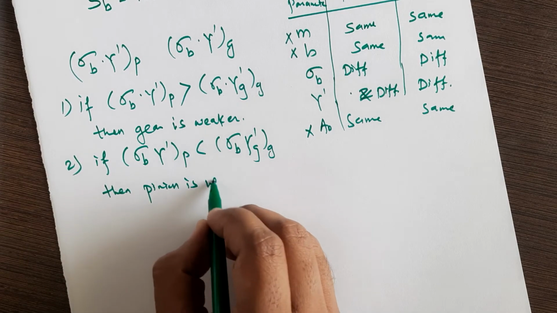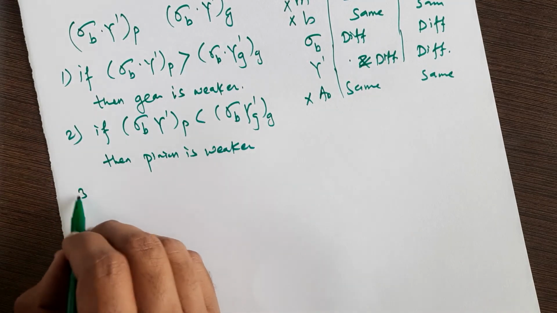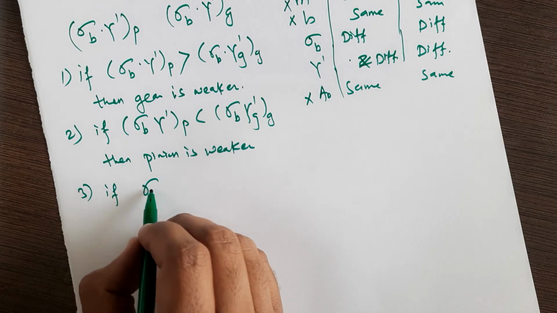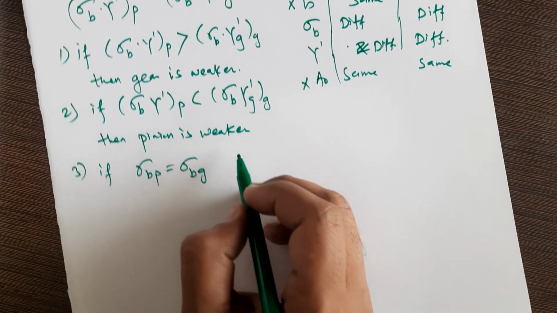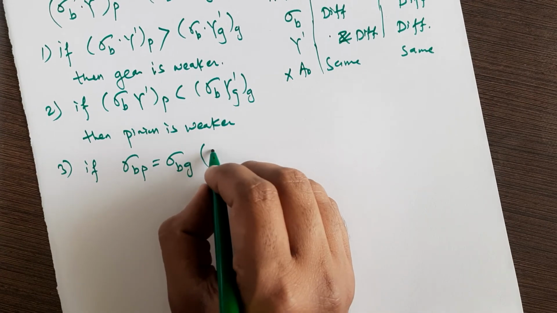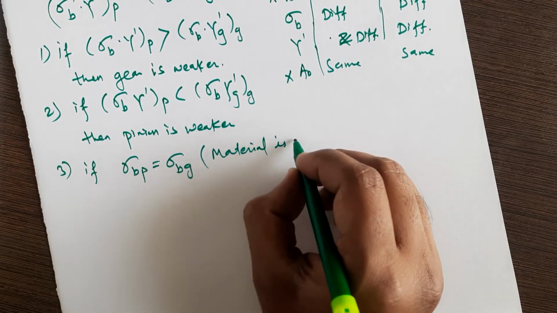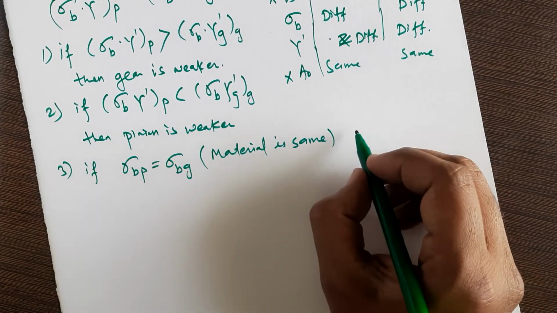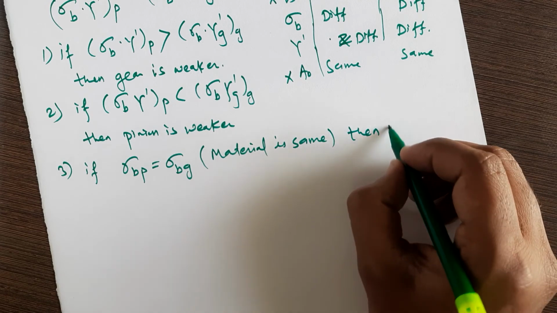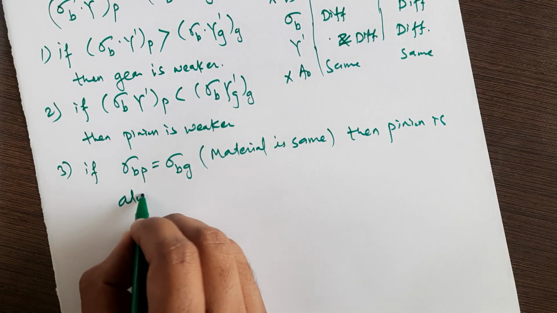And third condition: if sigma B for pinion is equal to sigma B for gear, it means that the material for gear and pinion is the same. In that case, the pinion is always weaker.